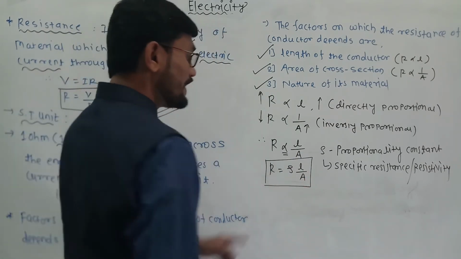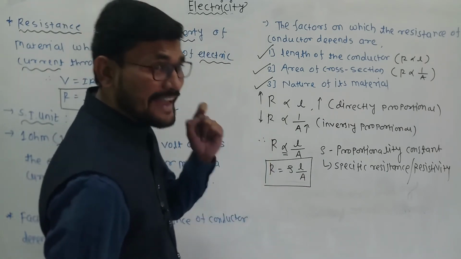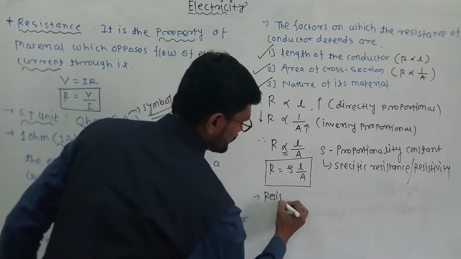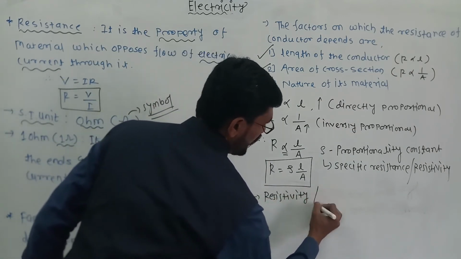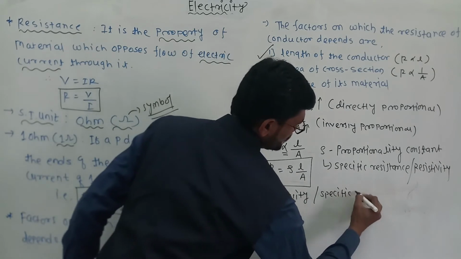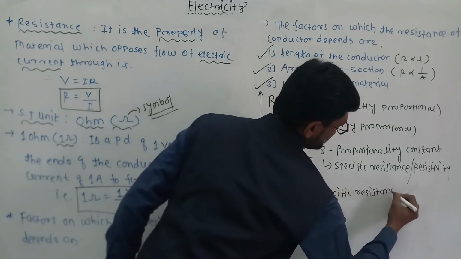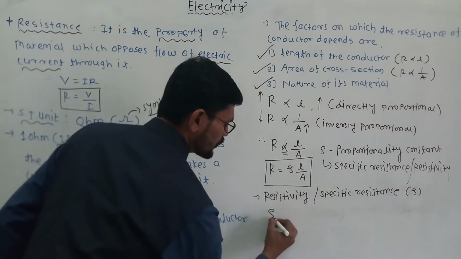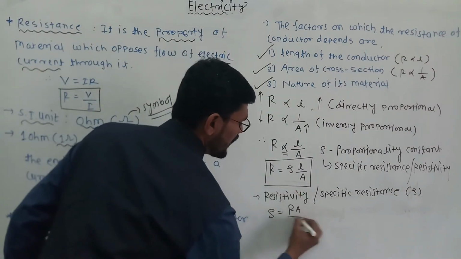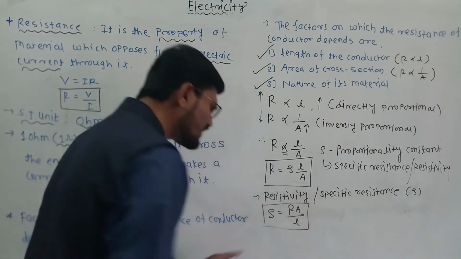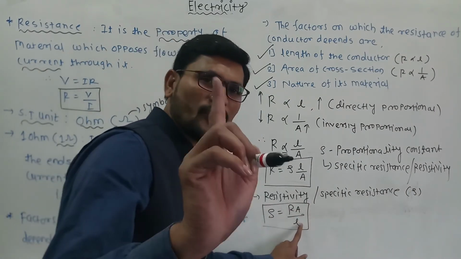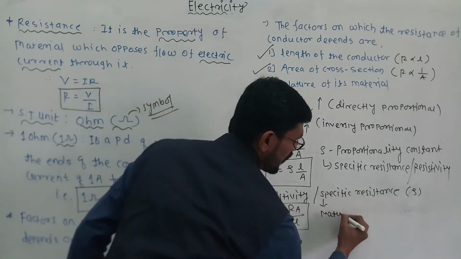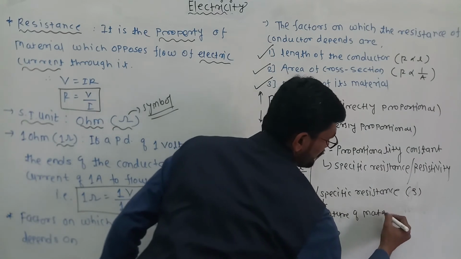Clear? So this rho only depends upon the nature of the material. So I am mentioning here, resistivity or specific resistance, which is denoted by rho. So how do we calculate this rho value? Rho equals R A divided by L. Does this mean rho depends upon A and L? No. This rho only depends upon the nature of the material.